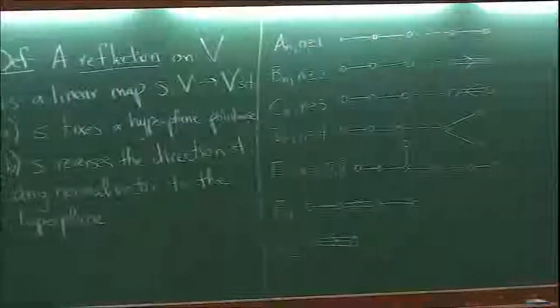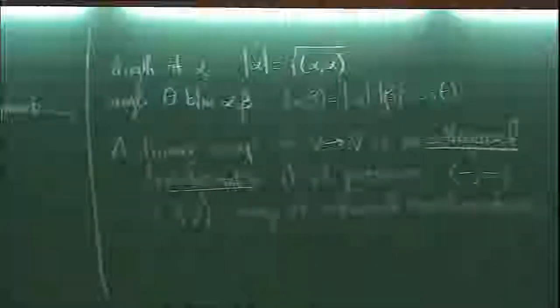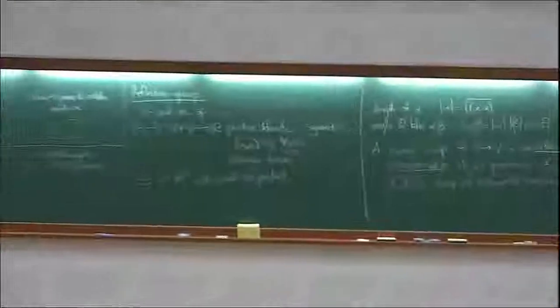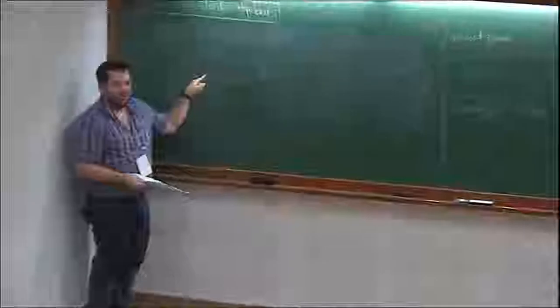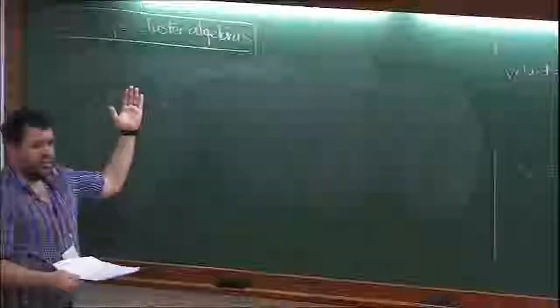So I'm lying in some big vector space V, and I have this hyperplane, which I'll call H sub alpha. And this reflection is supposed to, if I pick a point on this hyperplane, not do anything to that point. The point's going to stay there. Now if I pick a normal vector to this hyperplane, let's call it alpha, then what this reflection does is it reverses the direction. It just flips this. So it's a reflection, really what you think it should be.